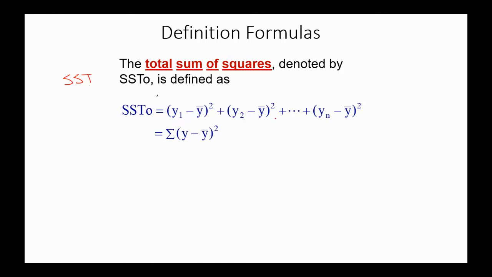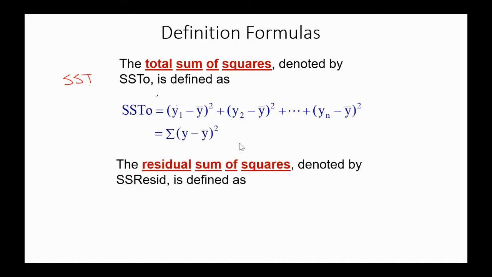So this y bar is your average y. We just take each individual y, subtract it from the average, and square it. The residual sum of squares, which our book says SS resid.